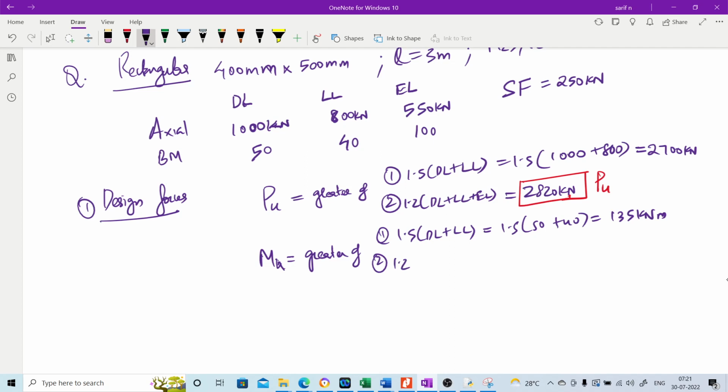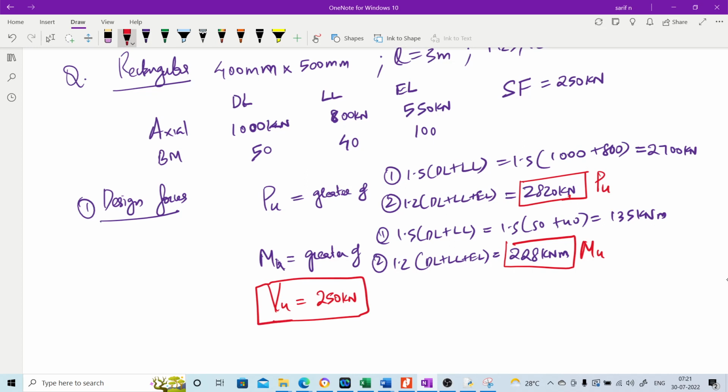Similarly, second one will be 1.2 into dead load plus live load plus earthquake load. That value is going to be 228 kilonewton meter. So again, the design bending moment will be this value. This will be our Mu. And as you know, the Vu value is given as 250 kilonewton.